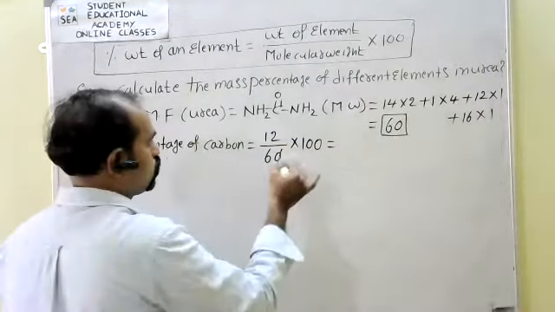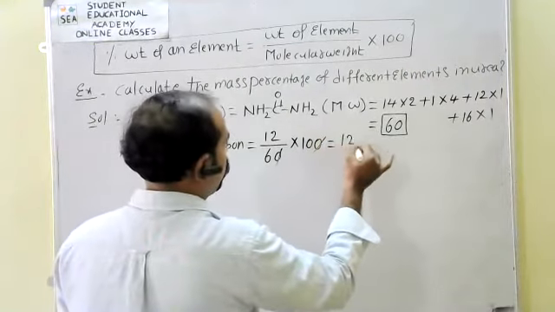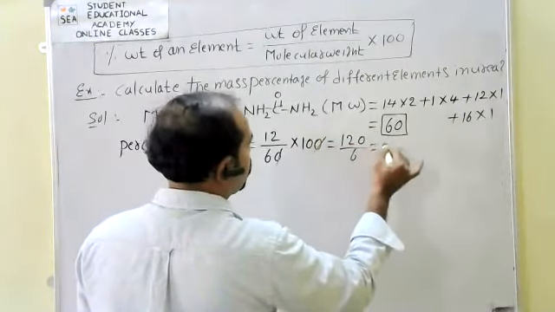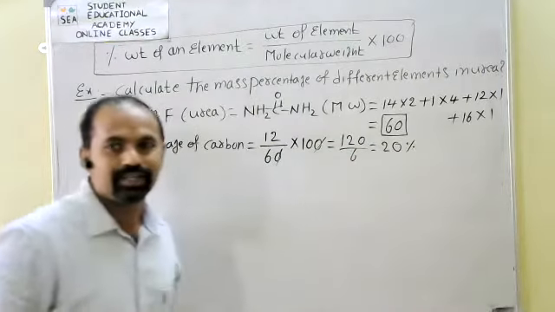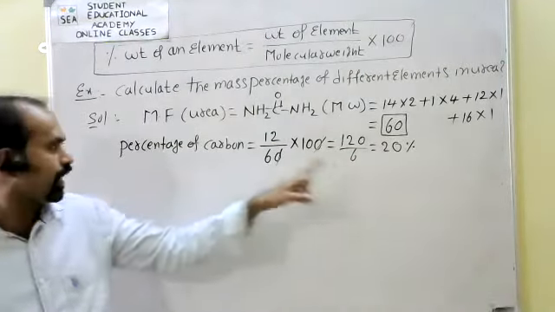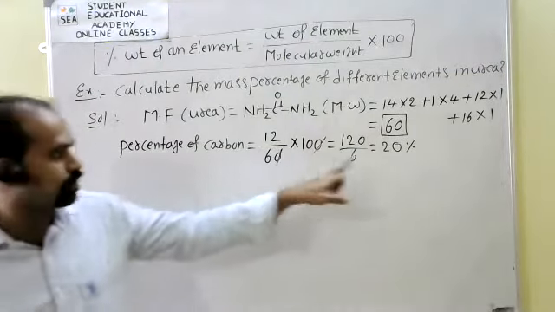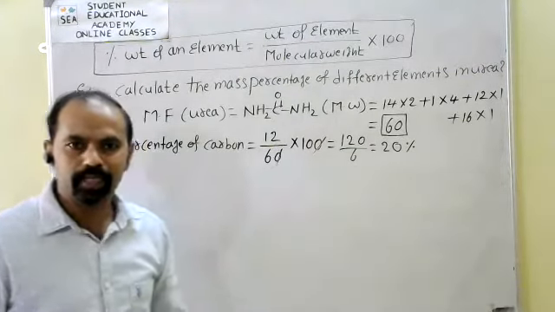That equals 120 by 6, which is 20%. The percentage of carbon is 20%.